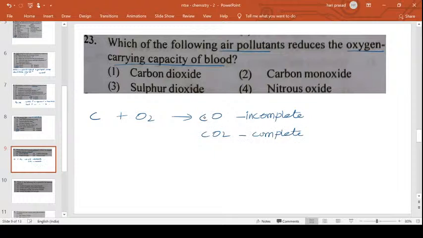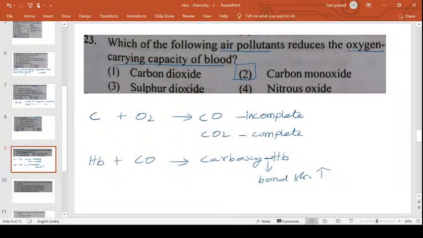Then this carbon monoxide combines with hemoglobin to form carboxyhemoglobin. Here the bond strength is high. Once it is formed, it will not break easily.